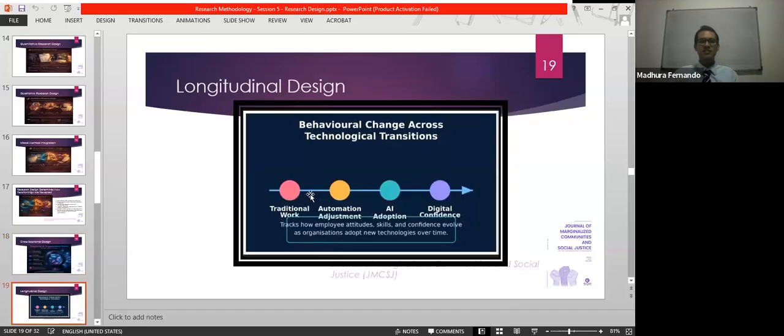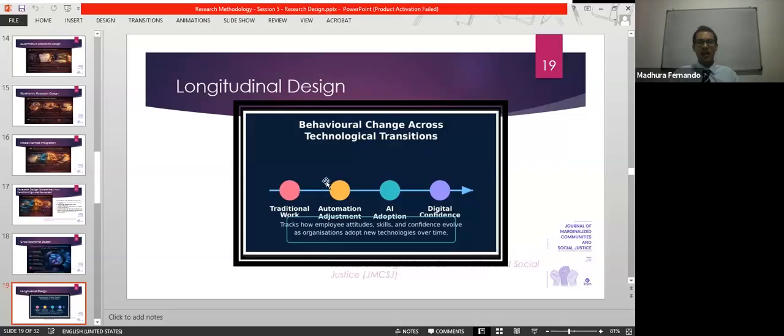Now, when you go to longitudinal design, you can evaluate at different points of time. This example is a behavioral change across technological transitions. You have a certain model which can be used to measure behavior. You use that model to measure the behavior in the traditional, conventional work setting.